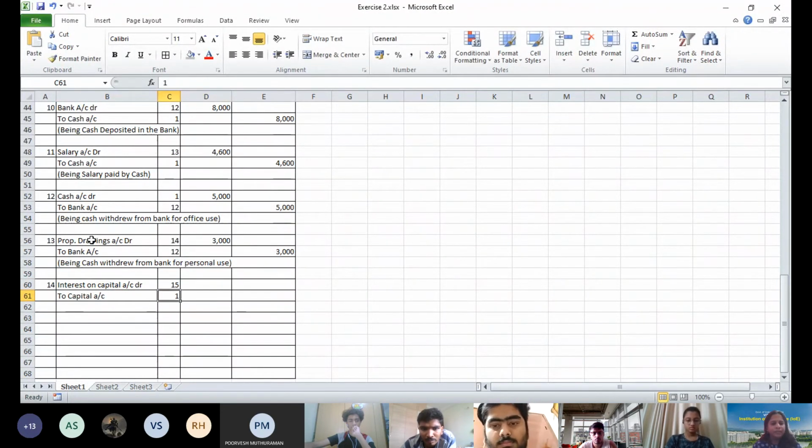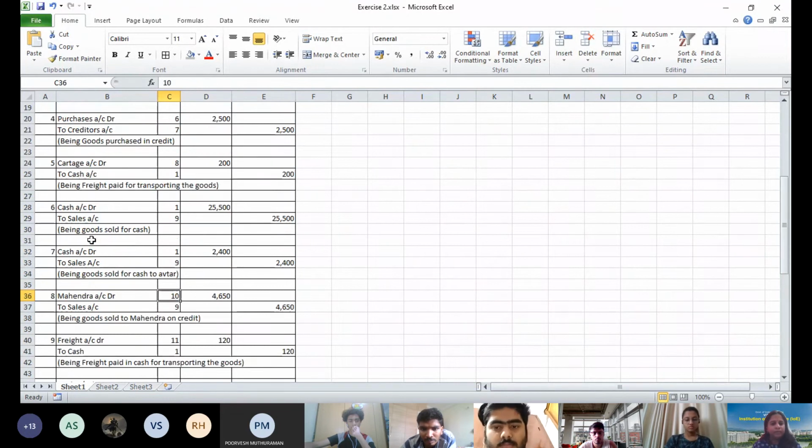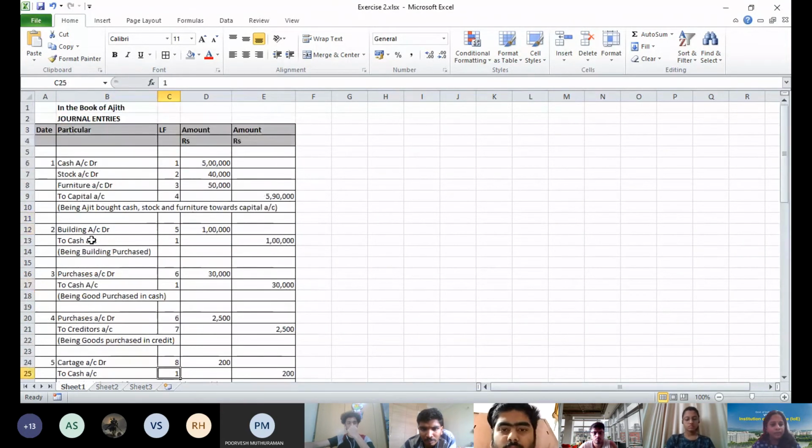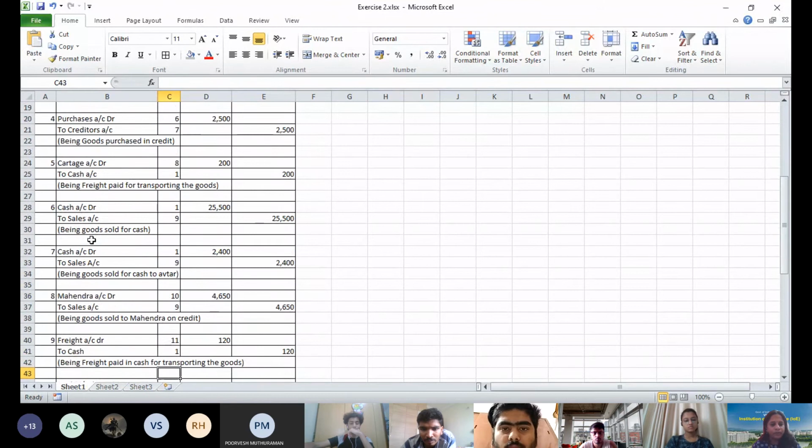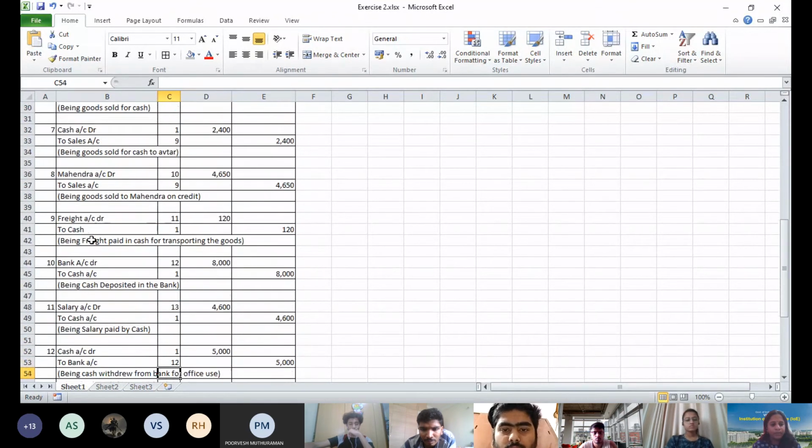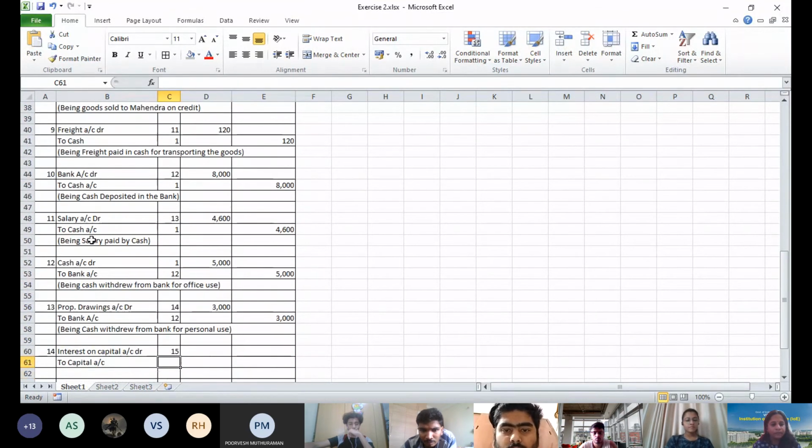Ledger folio number, capital is 4. We have to remember the numbers when we are doing it. What is the amount? 12,500.